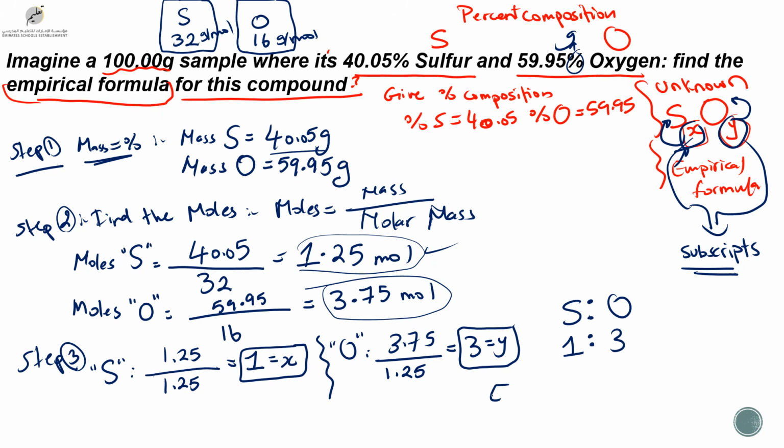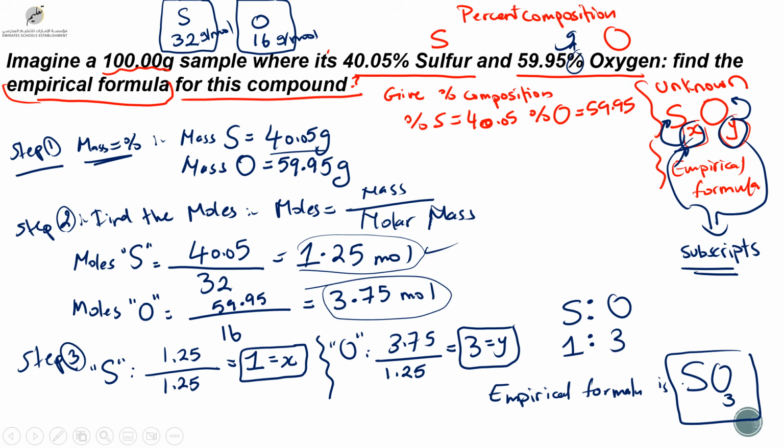So the empirical formula is SO3. Okay, because for S we don't write 1, and for O it is 3, and that's it.